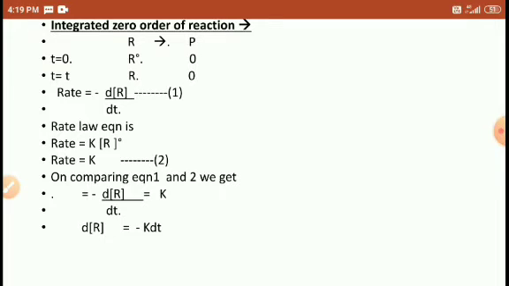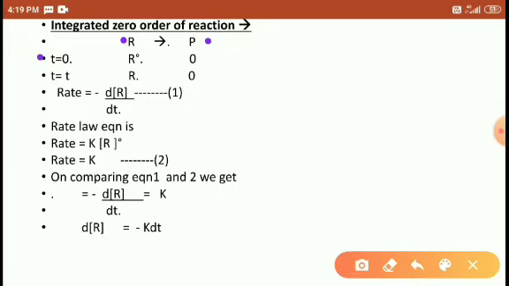Integrated zero order reaction. I already told you that when you increase the concentration of the reactant but the rate remains 0, the speed of the reaction remains 0. So reactant R turns into the product P. At the time t is equal to 0, the reaction has not started.